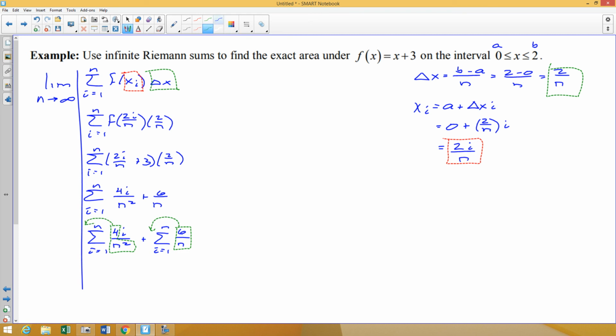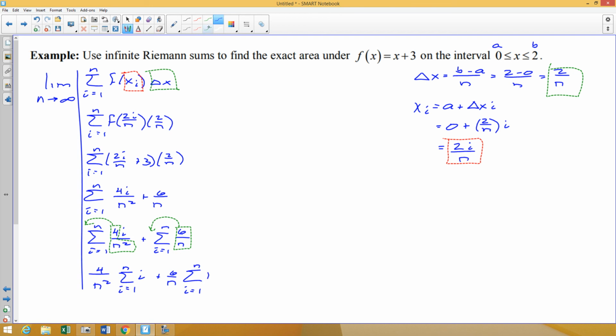So I'm going to write it like this and make it 4 over n squared times the sum as i goes from 1 to n of i, plus, and then I'll have 6 over n times the sum as i goes from 1 to n of, and since there's nothing left inside, I'll just put a 1 there to hold the place.